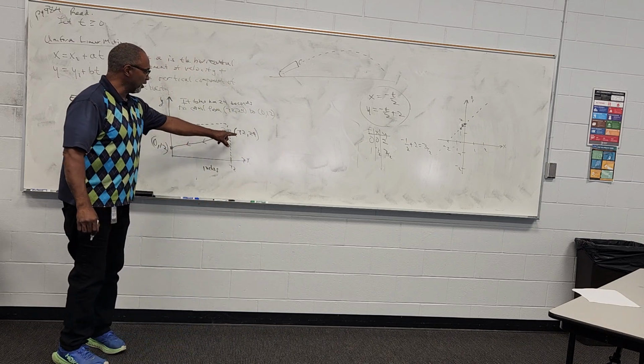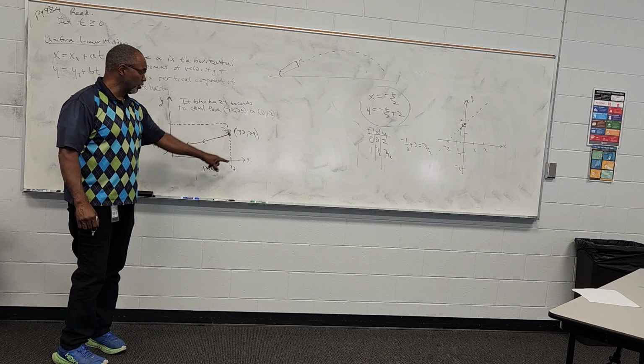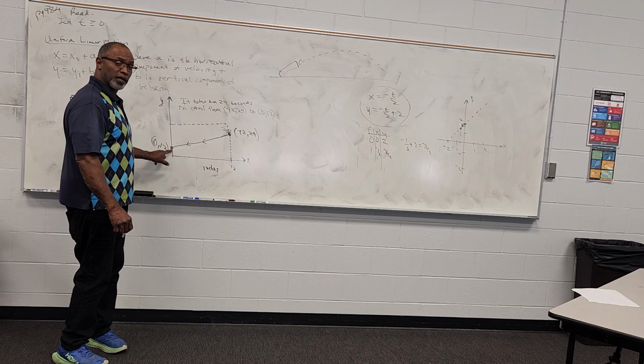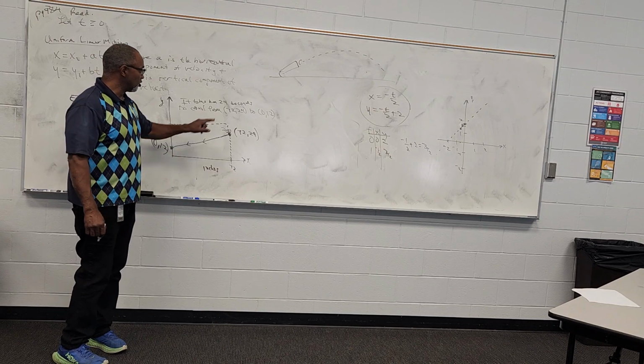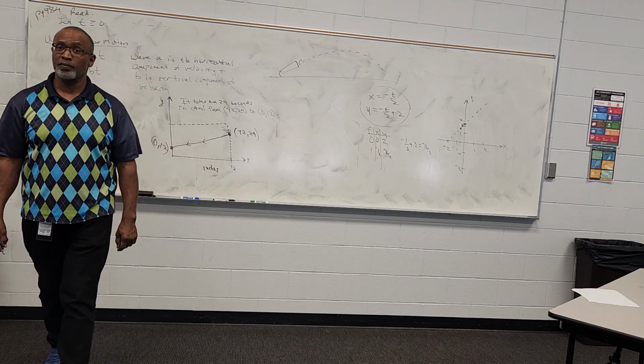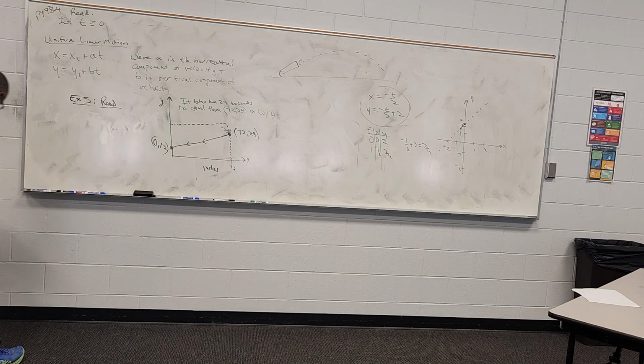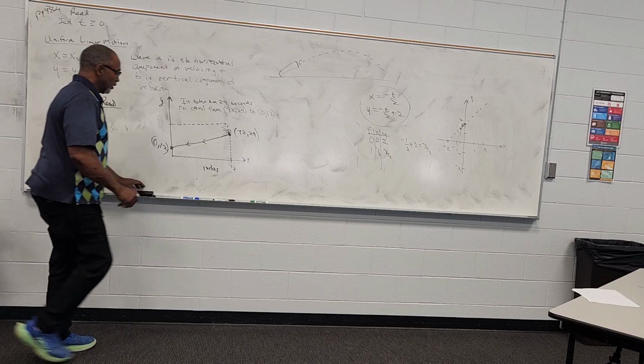The ant starts out here at point 72, 24. X is 72, Y is 24. He crawls down to this point where X is 0 and Y is 12, and it took him 24 seconds to do it. Again, these are inches. They say write parametric equations for the ant's path, and assume everything is in inches.